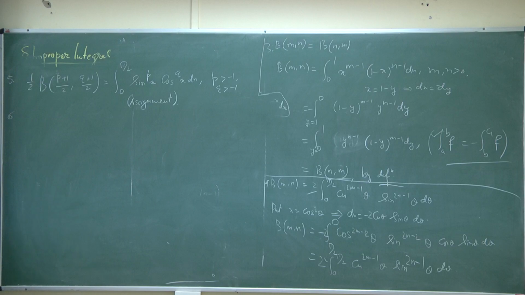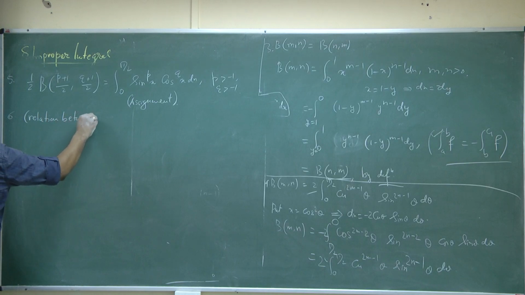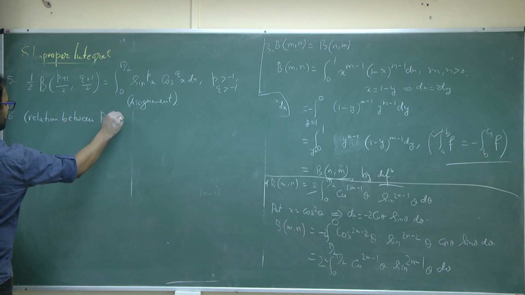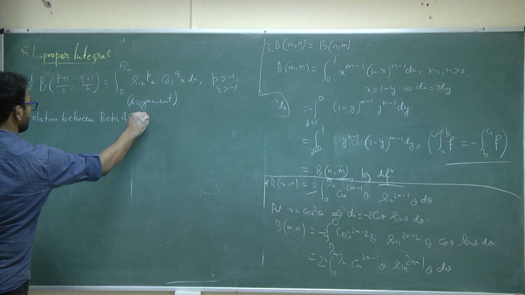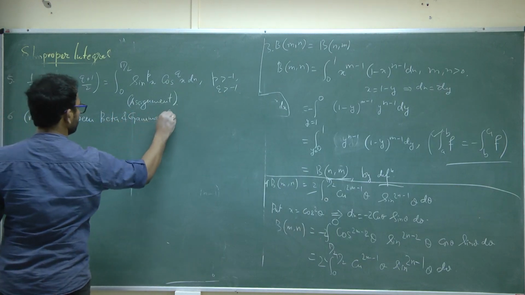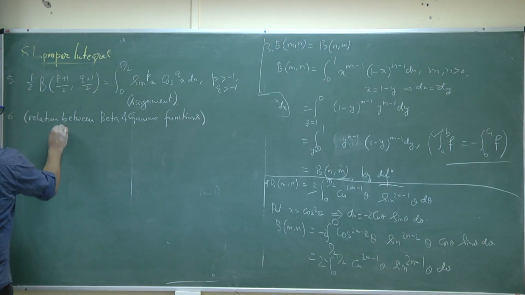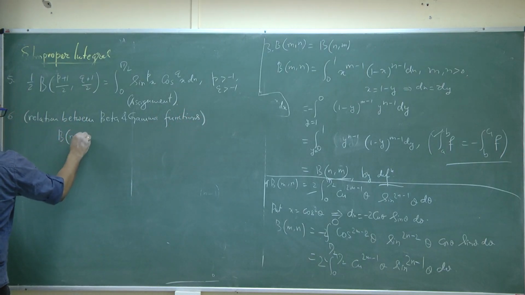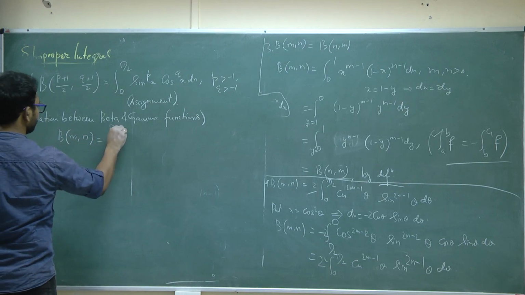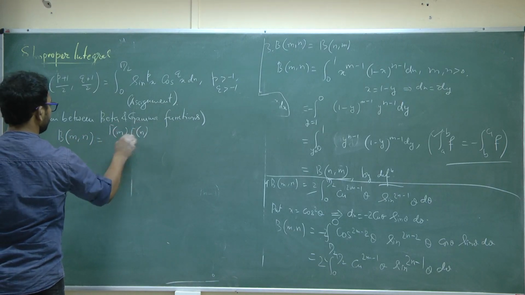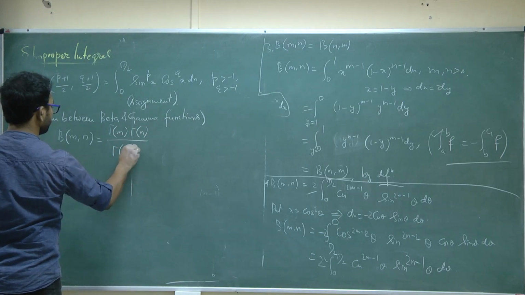The sixth relation is the connection between beta function and gamma function. So, the relation is beta(m, n) equals gamma m times gamma n divided by gamma(m plus n).